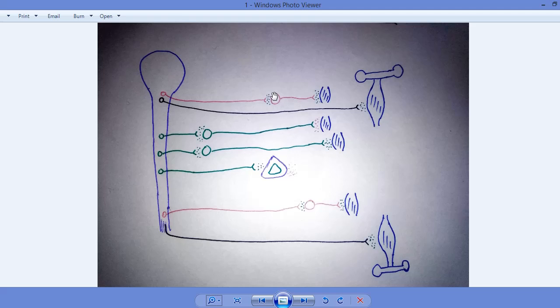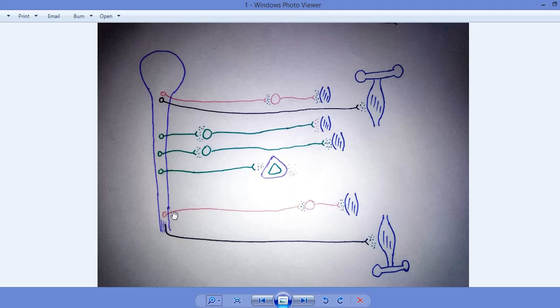So this is a typical synapse. At this synapse, what will be secreted? The neurotransmitter secreted will be acetylcholine. This neuron will make a junction with smooth muscle, and the neurotransmitter secreted over here will also be acetylcholine.